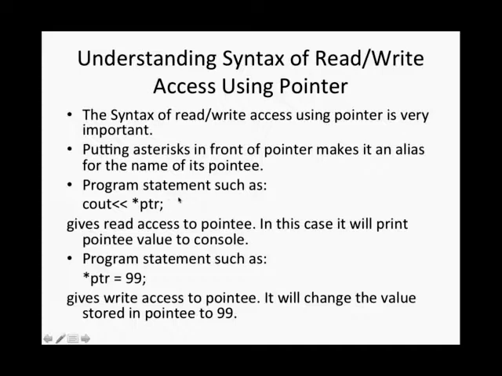If I do this, programming statements such as printf, format string, and comma, ptr, give read access to the pointee. In this case, it'll print the pointee value to the console. But if you use a program statement like this one, this gives write access to the pointee. It'll change the value stored in the pointee to 99.